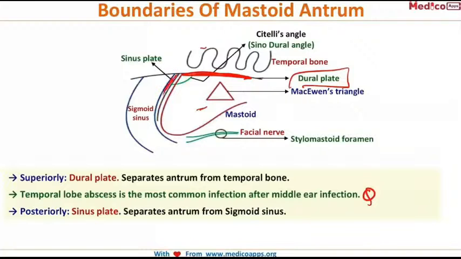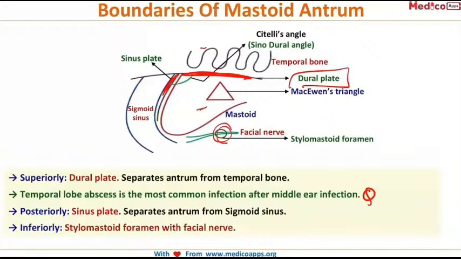This is the sinus plate, forming the posterior boundary of the mastoid antrum, and inferiorly, as you can see, it is formed by the stylomastoid foramen along with the facial nerve. So, the boundaries of the mastoid antrum include superiorly the dural plate, posteriorly the sinus plate, and inferiorly the stylomastoid foramen along with the facial nerve.